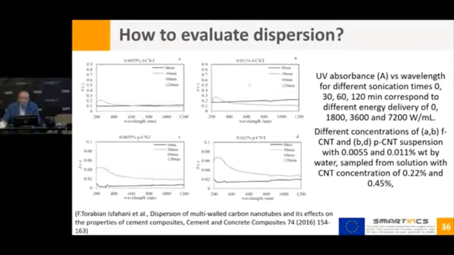What we can see is that, for example, if we consider this concentration of carbon nanotubes, after 120 minutes we can see this peak, which is characteristic of a good dispersion, just because the absorption increased. And if you remember the pictures I showed you, where there were different tubes with the solutions that were sonicated, the darker the solution, the better the dispersion. So in this case, this is a good dispersion that was reached after 120 minutes.